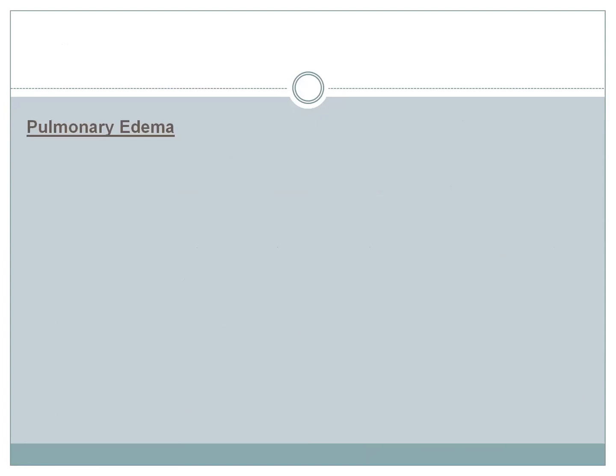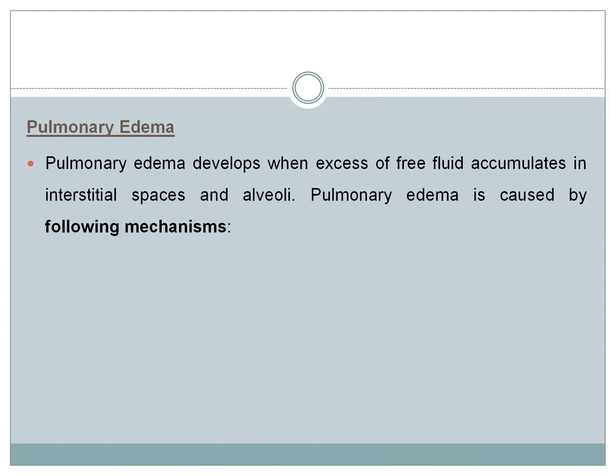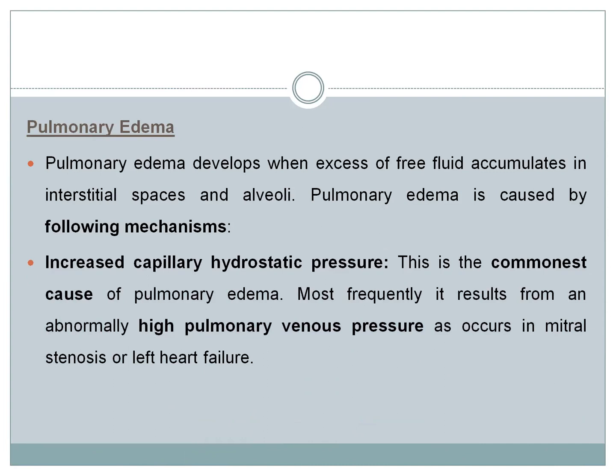Now, after having the normal physiology of pulmonary circulation, some applied part I'm going to discuss, and in that, again, a very important point is pulmonary edema. It develops when there is excess free fluid accumulating in the interstitial spaces and the alveoli. And this edema is caused by the following mechanisms.